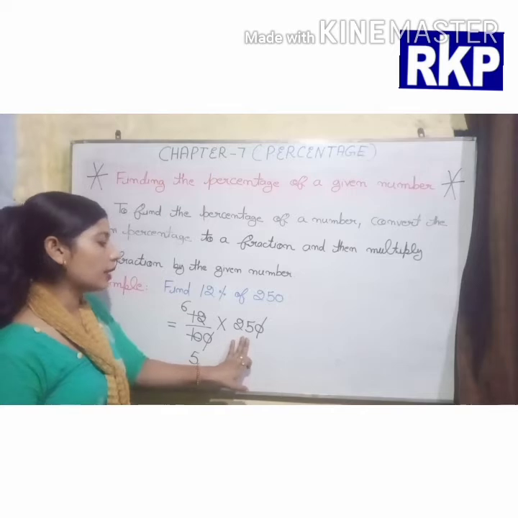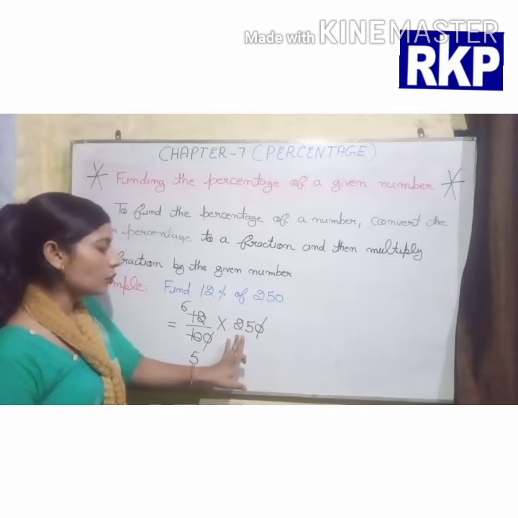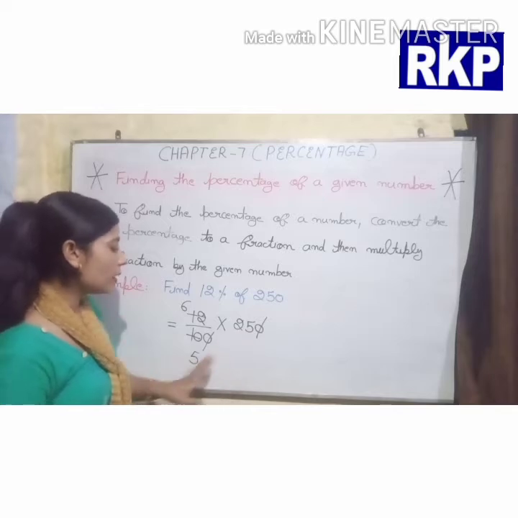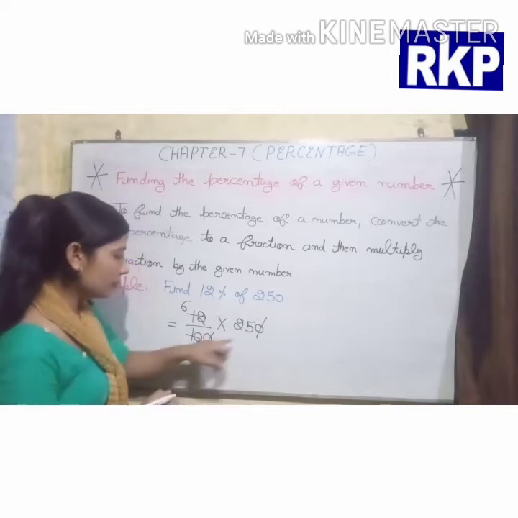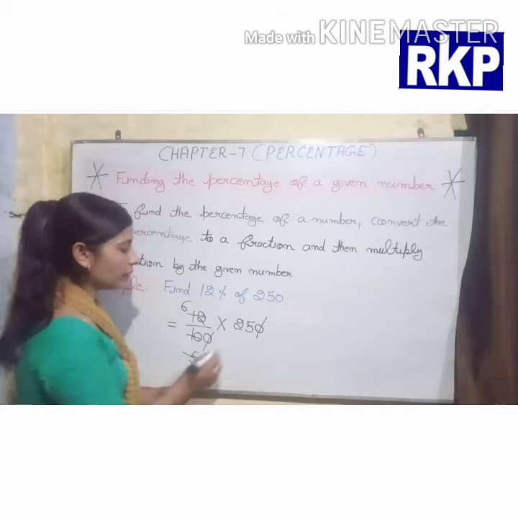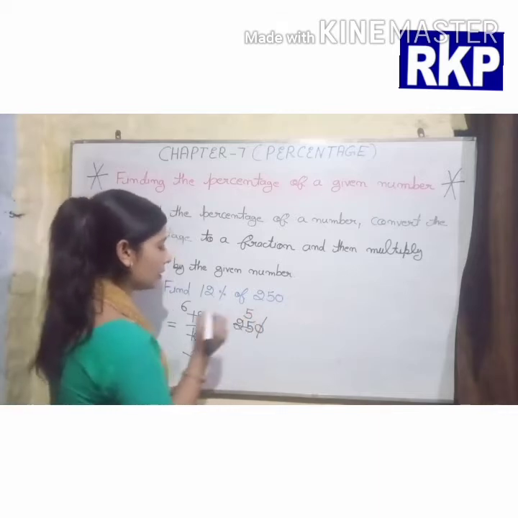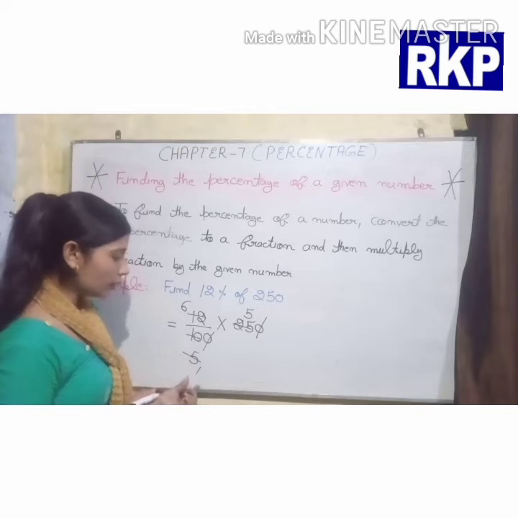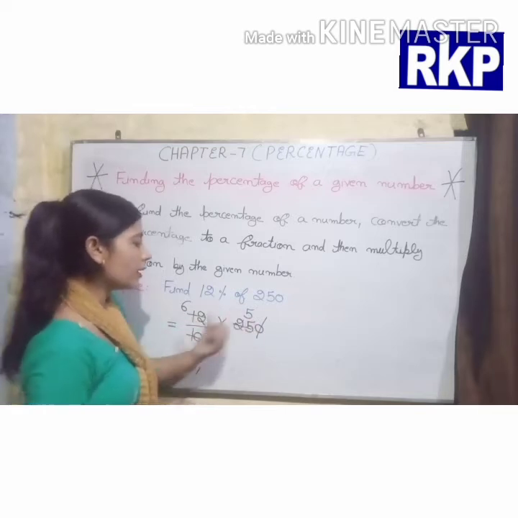But here as a numerator we have 25 and here 5, so both are divisible by 5. So we can cancel these also. 5 ones are 5, and here 5 fives are 25. Now here we have only 1, and here 6 and 5.